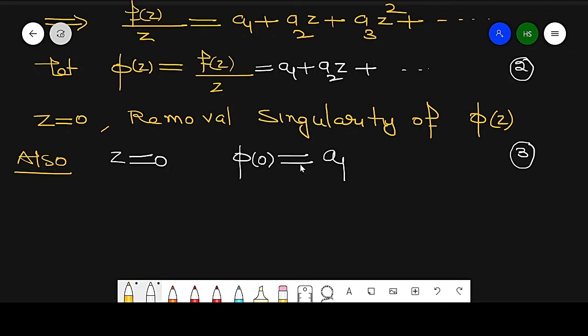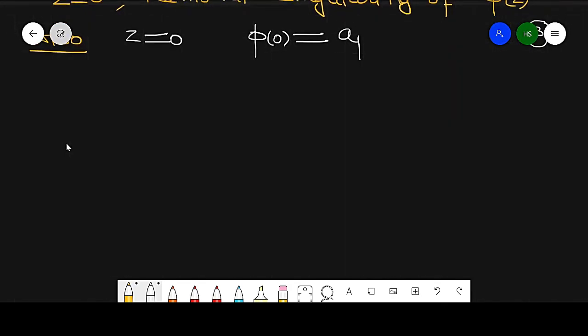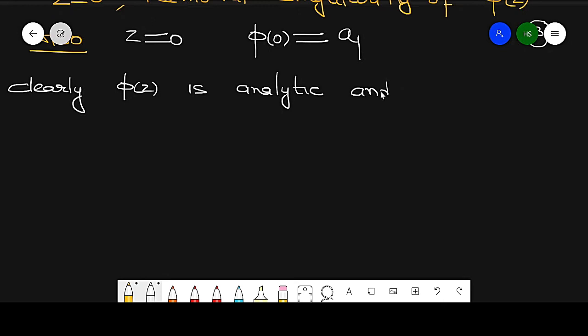So we can apply the maximum modulus principle to this function. So clearly this function phi(z) is analytic and not constant in the given domain.